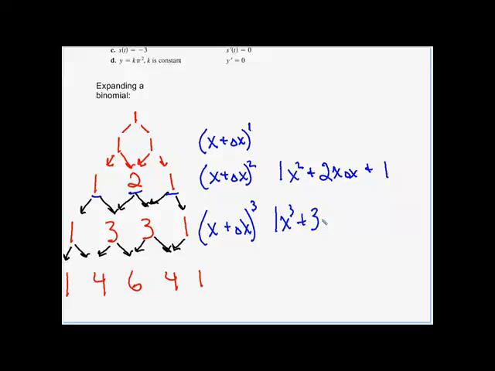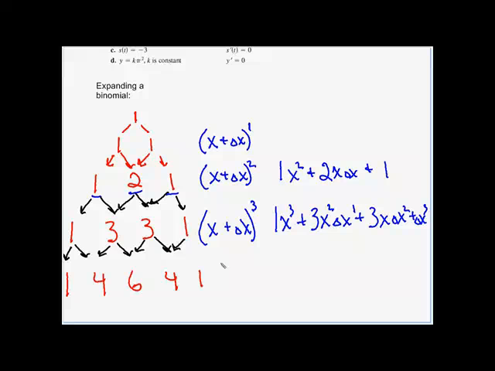So now this power will go down 1, and it's x squared, and our delta x to the 0 becomes delta x to the first. And then we'd have our plus our next coefficient 3, and now the x goes down another power, x to the first, and the other term goes up a power, delta x squared. And then plus our last term is delta x quantity to the third.